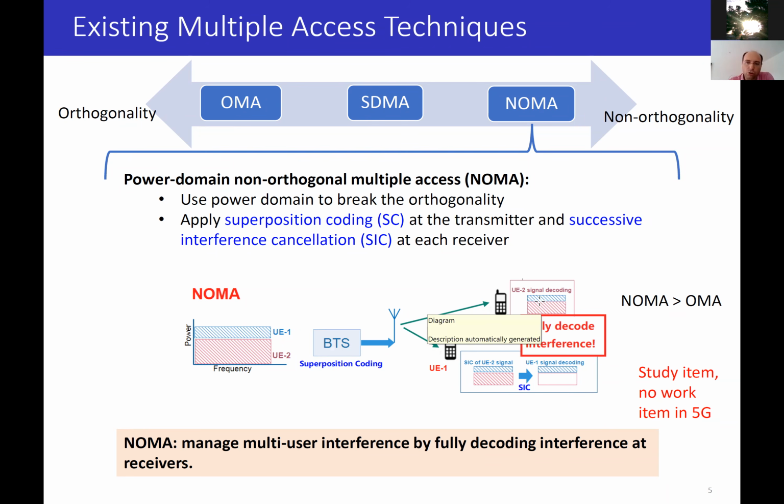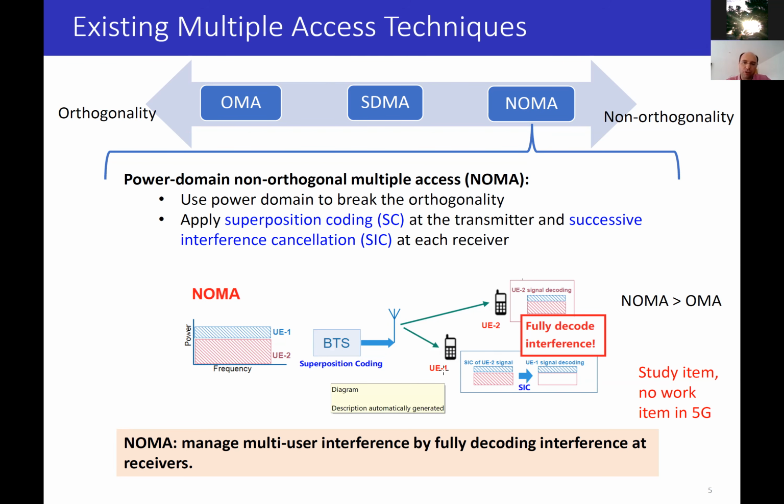On the other hand, user 2 will see the interference from user 1's message and will simply treat it as noise. We know from information theory that NOMA is better than OMA, especially when you have this disparity of channel strength among users. What's key in NOMA is that one user fully decodes the message of another user.